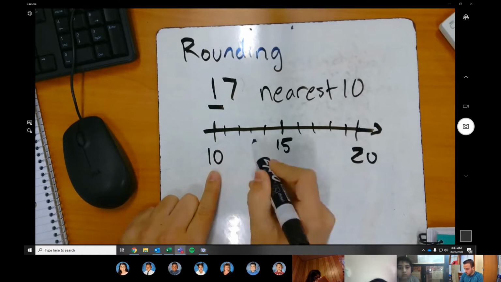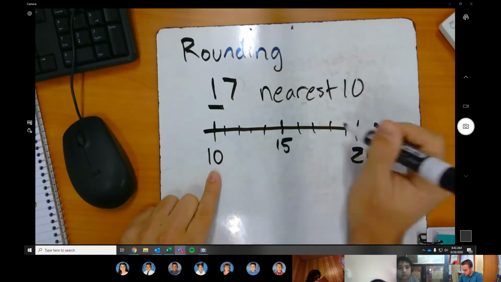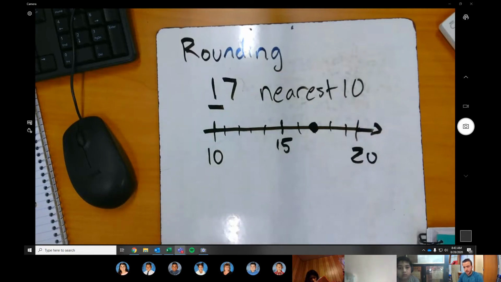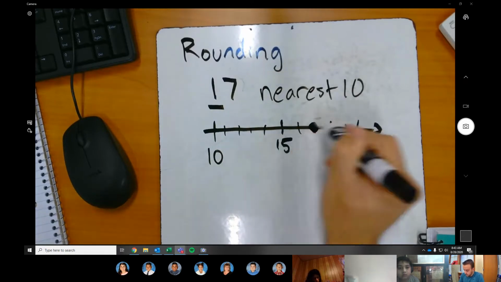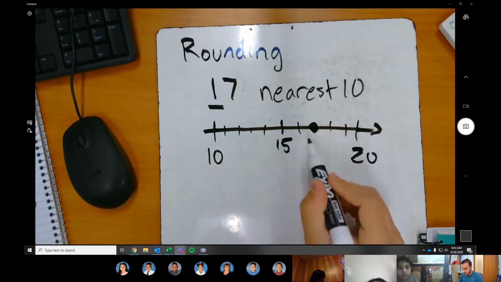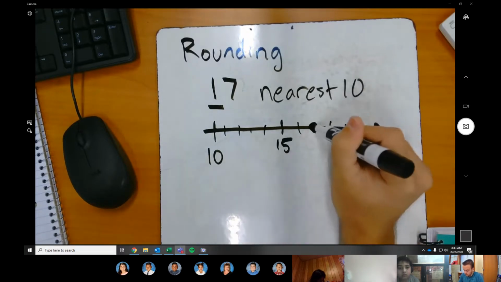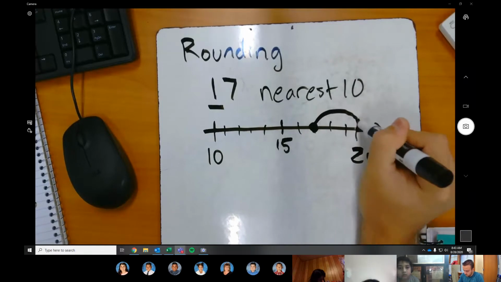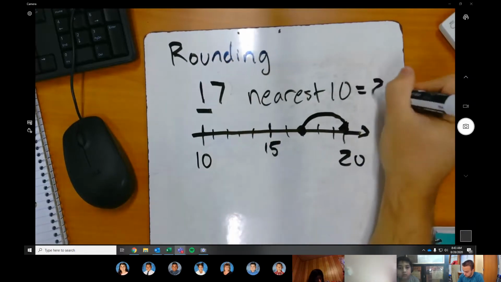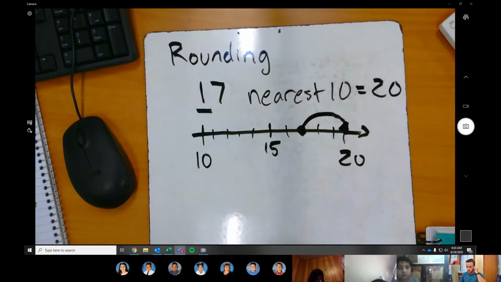We can count up 11, 12, 13, 14, 15, 16, 17. So I know that 17 is right here, and our rule was if it's at 15 or above, we round up. According to our number line, 17 is above 15, so we'll round it up. So 17 rounded to the nearest 10 equals 20.